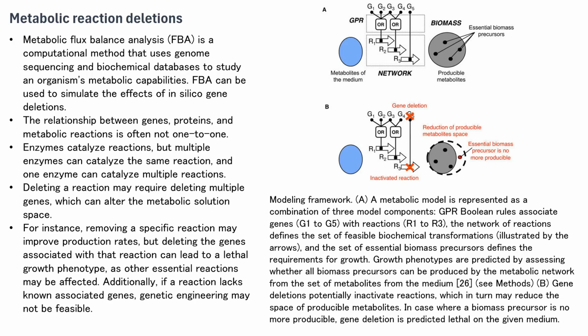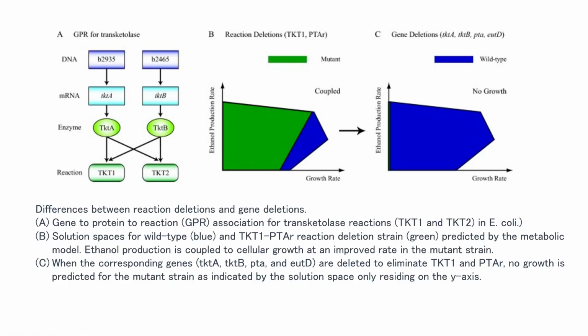This is basically how they model the framework. I'll come to that later, but there are stark differences between gene deletions and reaction deletions. The example on the left is a GPR association for a transketolase reaction, TKT1 and TKT2 in E. coli.